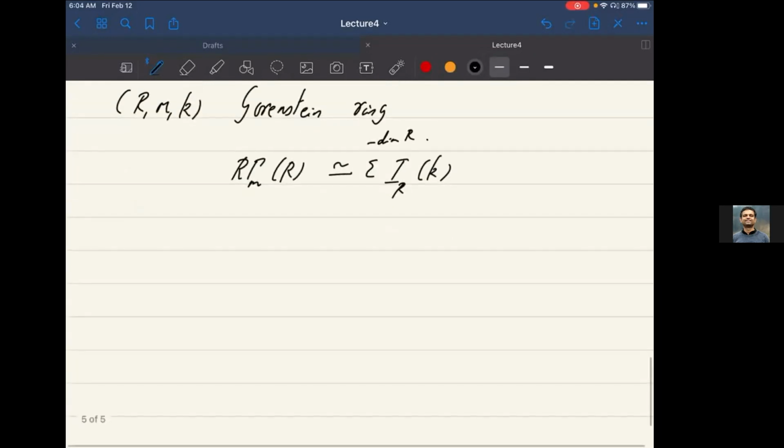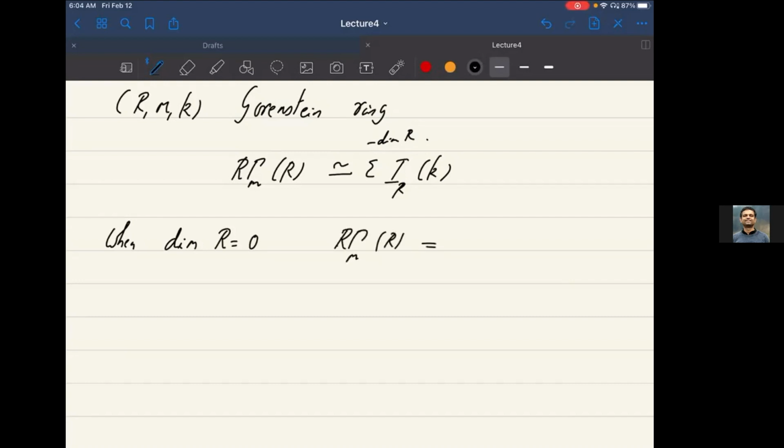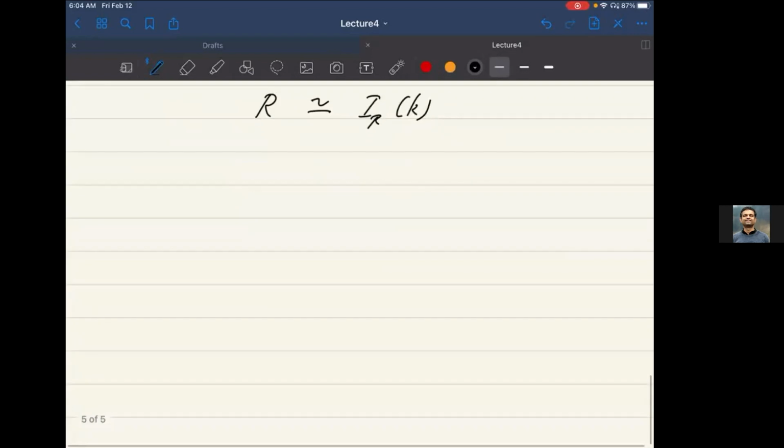Now, when R is zero dimensional, it is already m-cellular, k-cellular. So we get that R is itself the injective hull. And I claim this is just Poincaré duality.